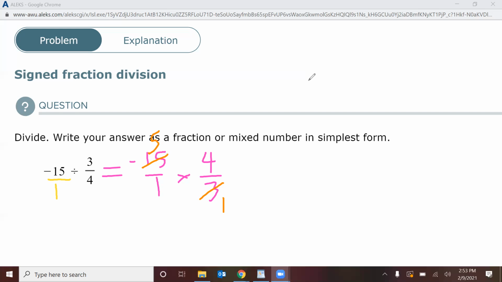So now, when I multiply, I get negative 5 times 4 is negative 20, and 1 times 1 is just 1, so this simplifies to negative 20. And that's how it's done.